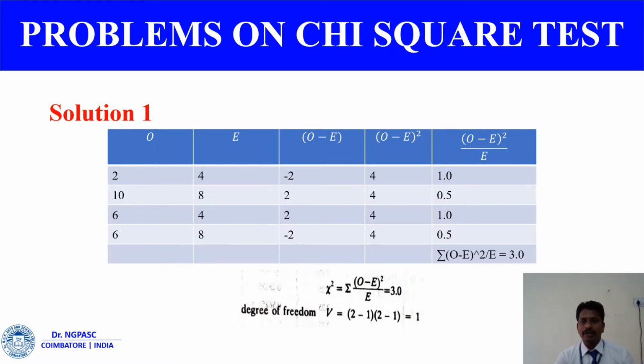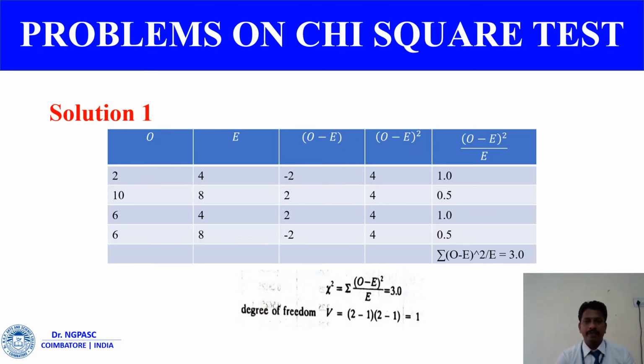Next, to calculate the sum of these values. Summation of observed frequency minus expected frequency whole square divided by E is equal to 3.0, that is 3. By using the formula, chi-square equal to summation of observed frequency minus expected frequency whole square by expected frequency, is equal to 3.0.